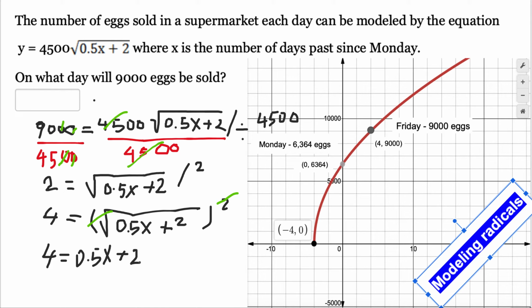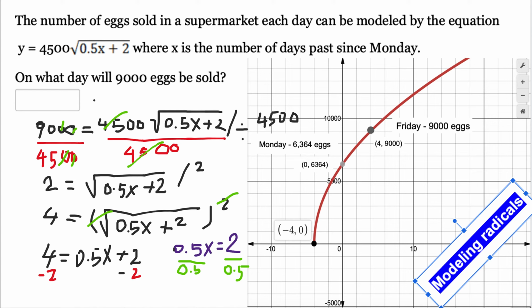I'm subtracting 2 from both sides. We get minus 2 here and minus 2 here, so 0.5x is equal to 2. Then I divide both sides by 0.5.